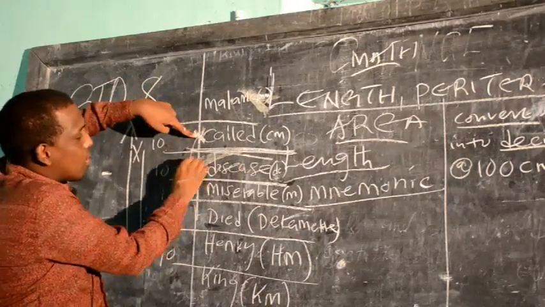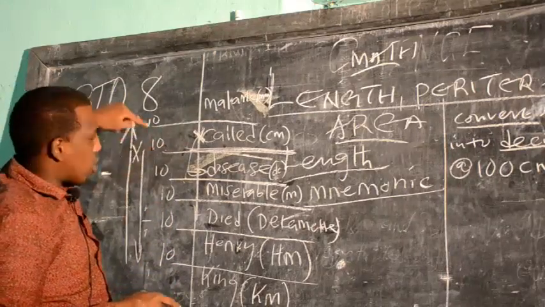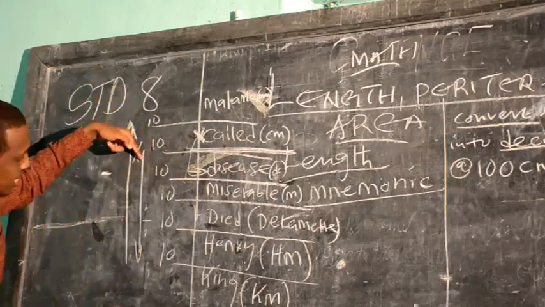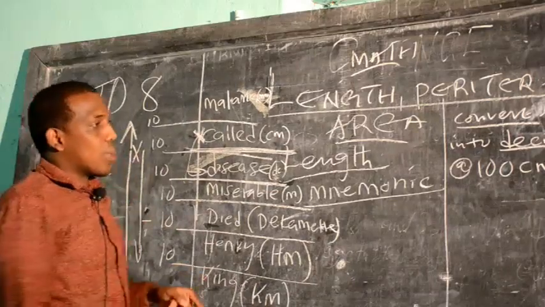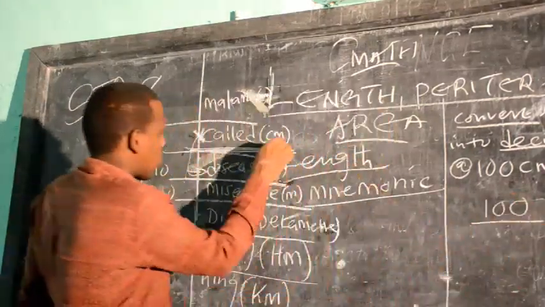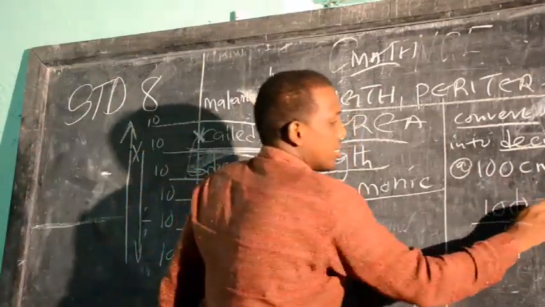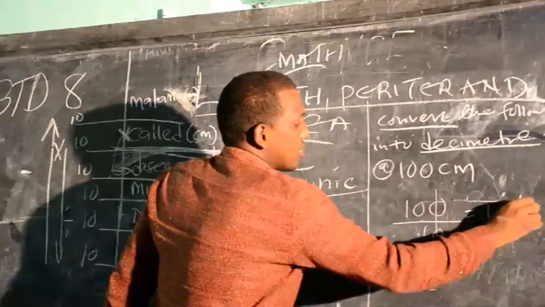Remember I said each step is 10. When I'm coming down, we divide. So 100 divided by 10, then cancel. What is remaining is 10 decimeter.